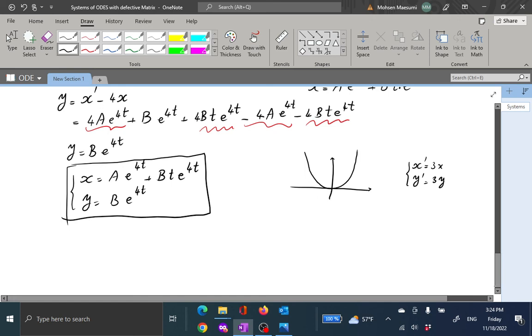Well, what's the solution here? x is some multiple of exponential of 3t, and y is some other multiple of exponential of 3t. That's probably the easiest one to solve. Every vector becomes an eigenvector, and then you write your solution as, if you want, 1 0 exponential of 3t, if you insist on vector notation.